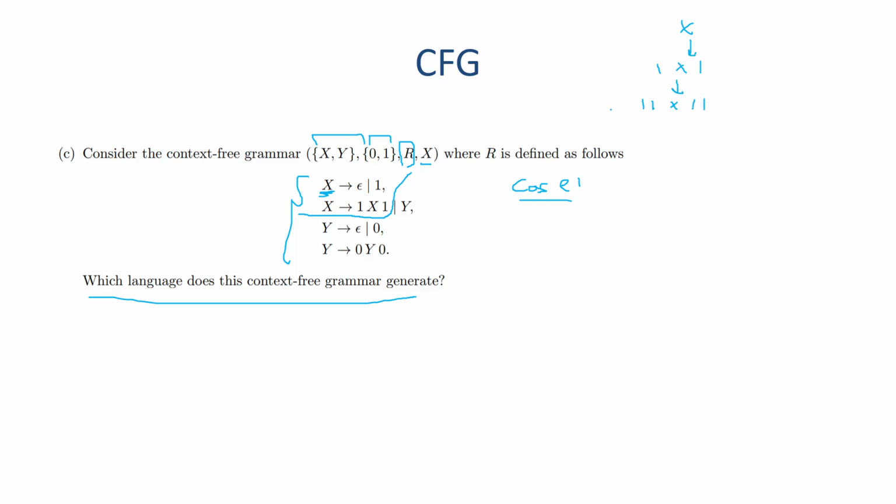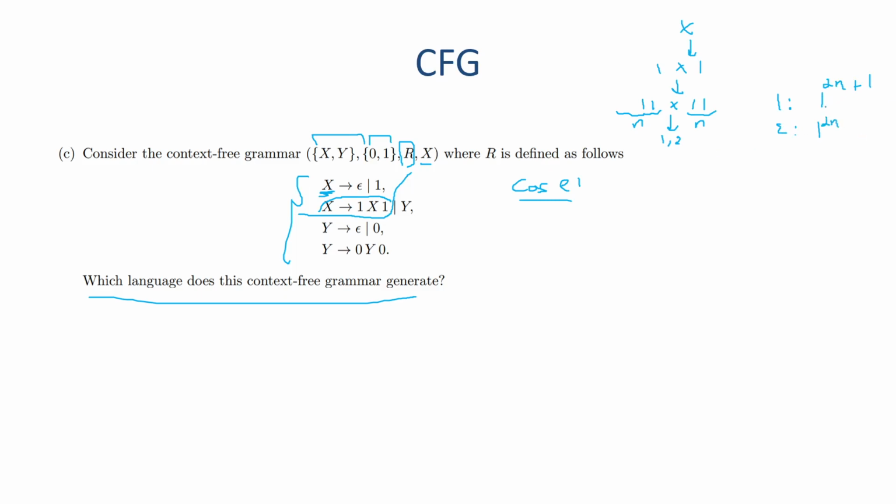This reminds us of what? I'm going to have here some n 1s and here some n 1s, right? This is this rule. And then this X, I can replace it with either 1 or epsilon. Well, if I replace it with 1, that means I get 1^(2n+1), which is the odd ones. If I replace it with epsilon, I get 1^(2n), which is even.